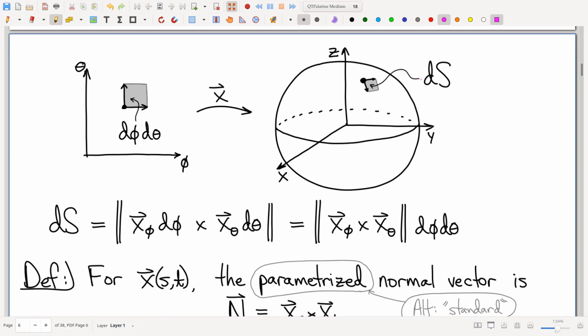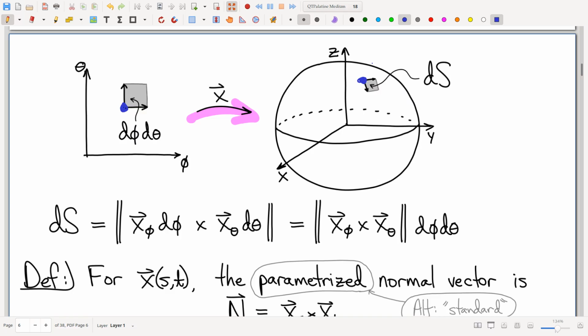Here we have a parameterization of the sphere. And nothing important about this being the sphere specifically, but just as an example, here is a parameterization. And the big idea is when you have a parameterization, one point in the parameter space goes to one point on the surface.